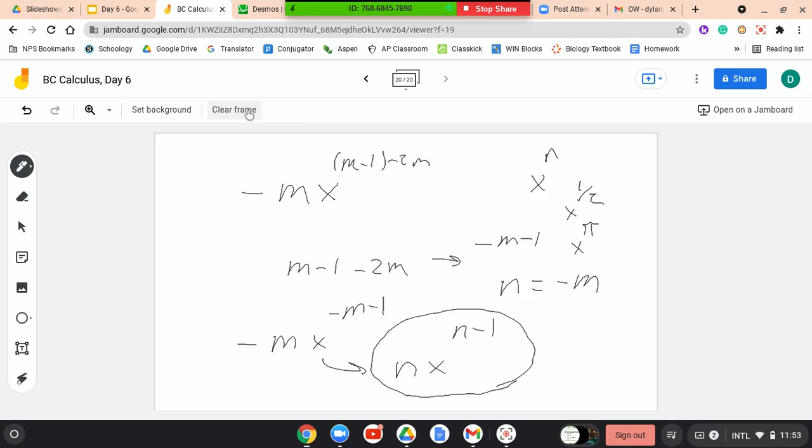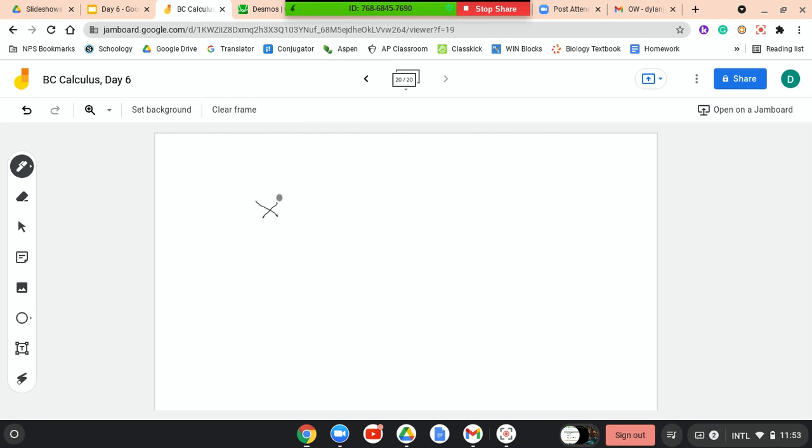We're going to discover tomorrow that the derivative of x to the n, where n doesn't have to be just a positive or negative integer, still follows the power rule, n times x to the n minus 1. So the derivative of x to the pi is pi times x to the pi minus 1 power. The power rule is the same.